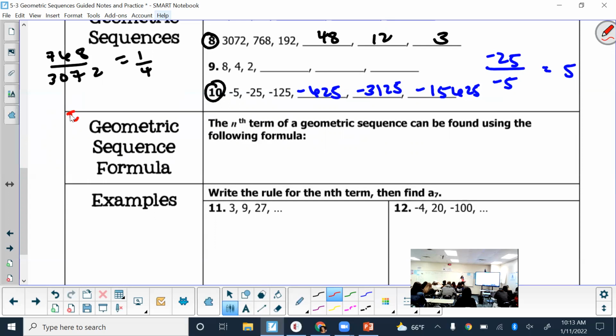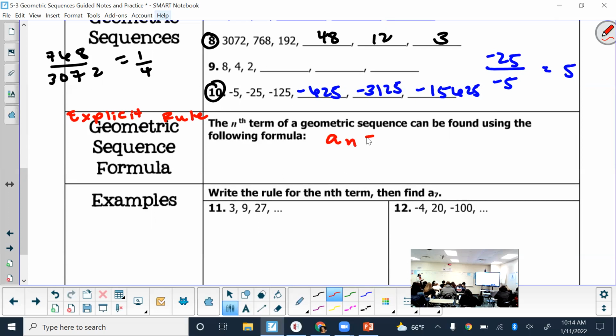So just write in here that the geometric sequence formula is also known as the explicit rule. All right, and I will provide you that formula. It's right here. It'll stay here throughout your test. So copy this rule over here.